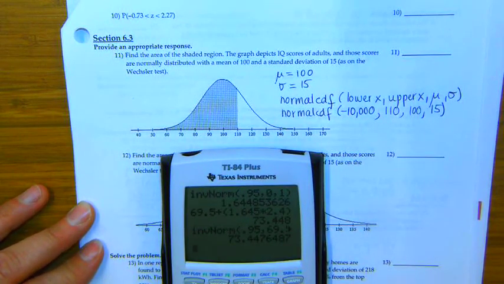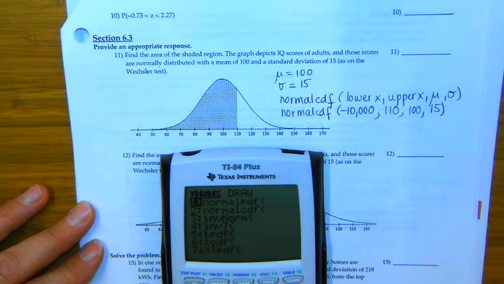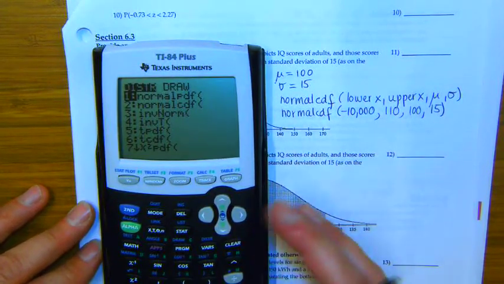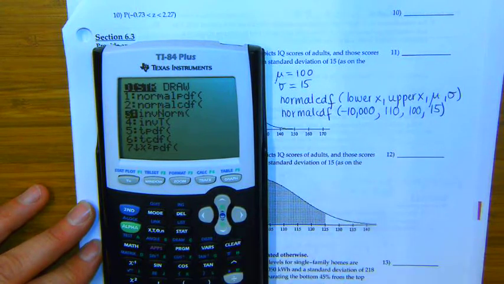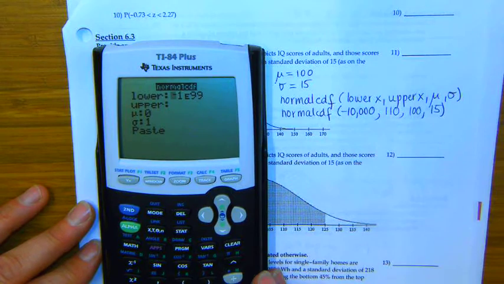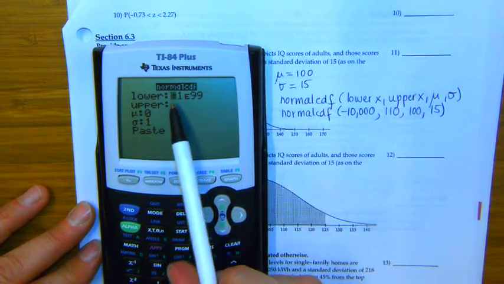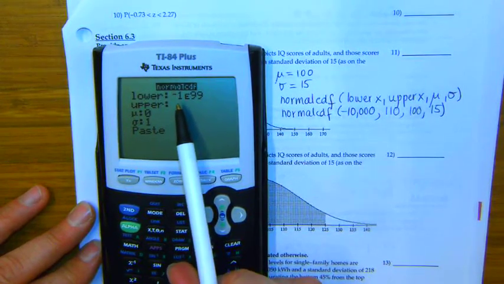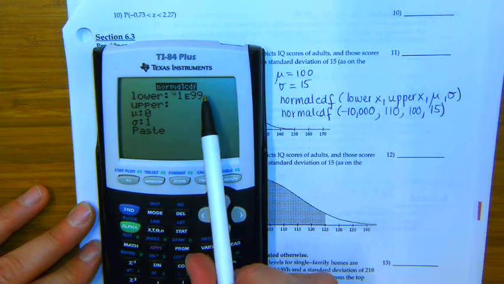So let's go back over here. We're going to go to second bars, going down to inverse normal CDF. Our lower score, you can actually keep it at that default number, because this is a negative 1 times 10 to the negative 99th.